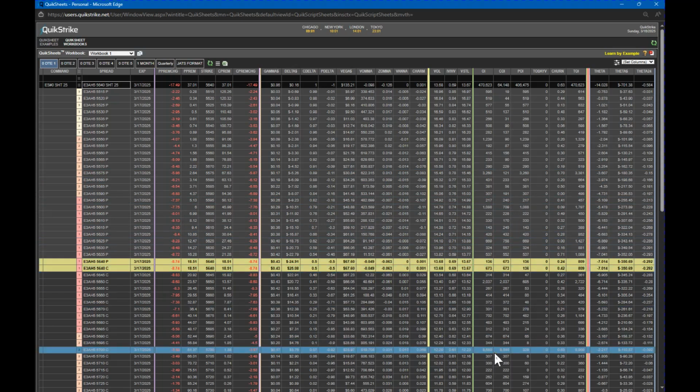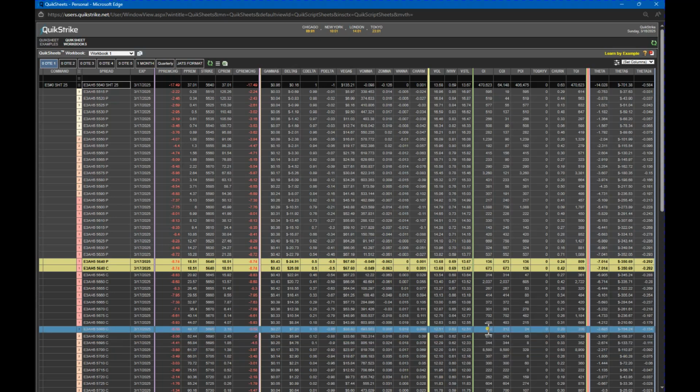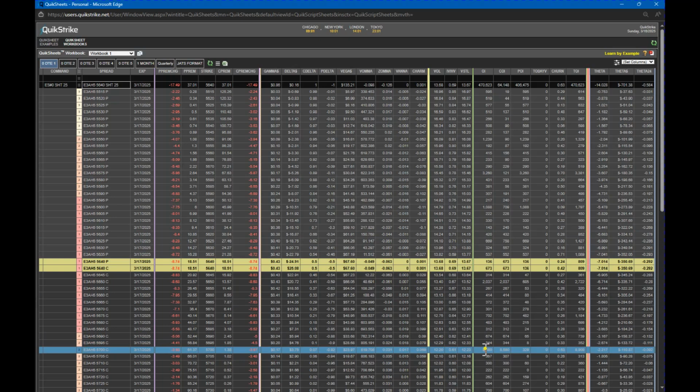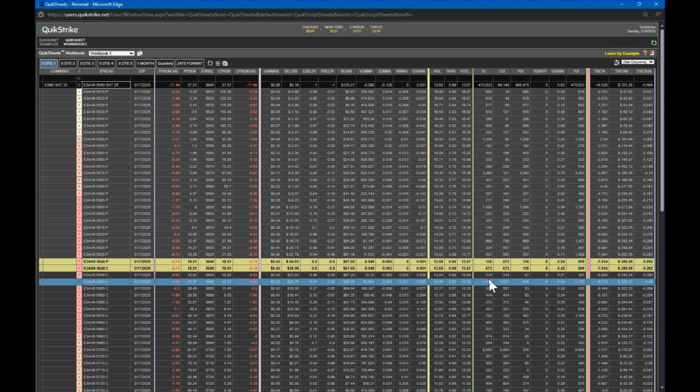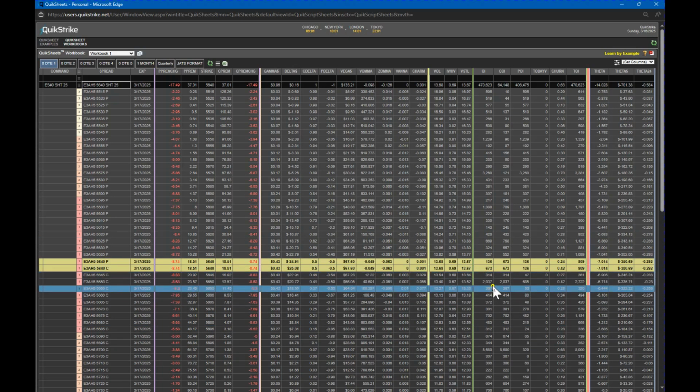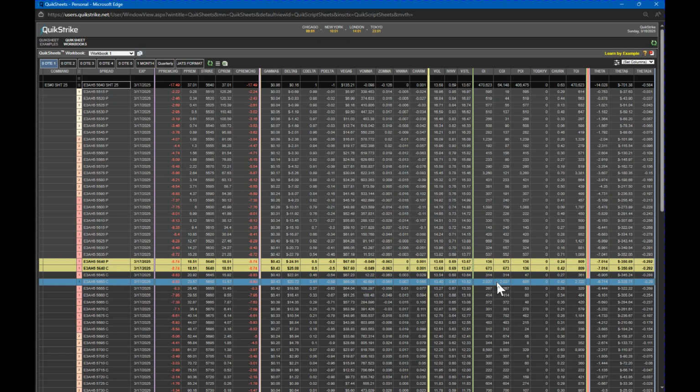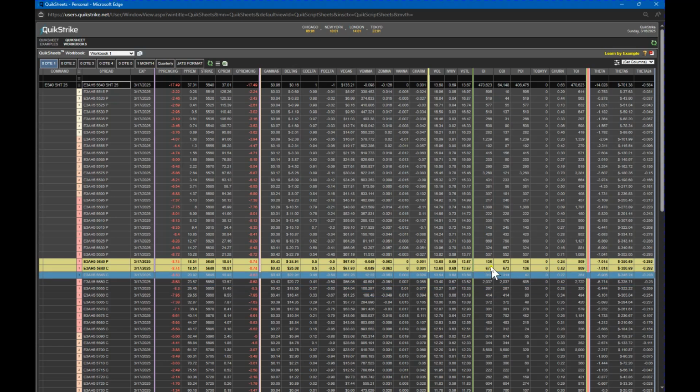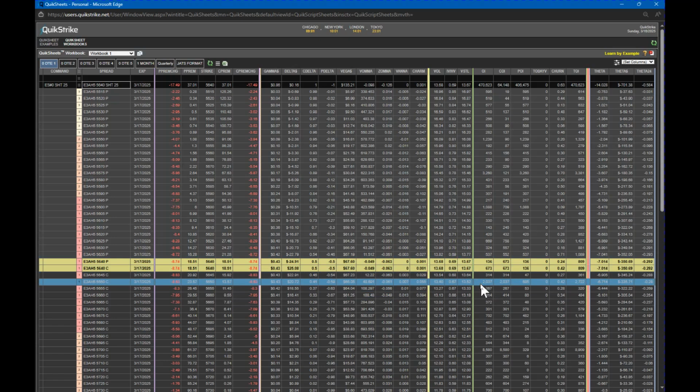Here's one with 8,000 on it. 5,700, that's going to be well defended. But even closer, here's this 2,037 open interest that are all calls. So there's your call wall, and your call wall sitting at 5,650 where the high was.